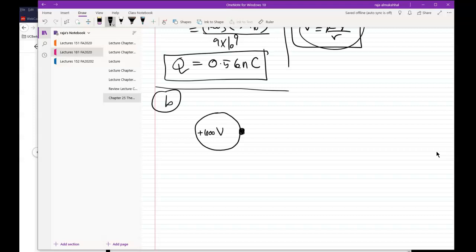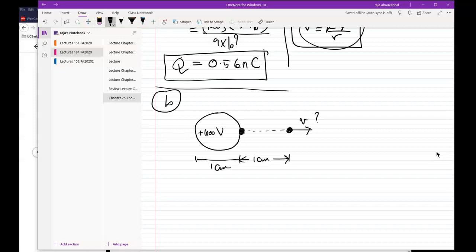So what's going to happen? The proton is going to shoot away, and it is at a distance equal to the diameter of the sphere. What is the velocity here? Assuming that the diameter of the sphere is 1 centimeter, and it is 1 centimeter away as well. I want to know that.